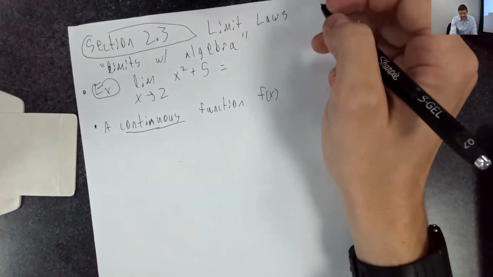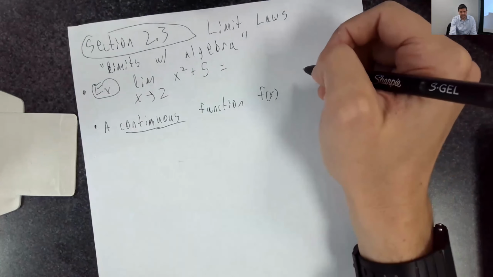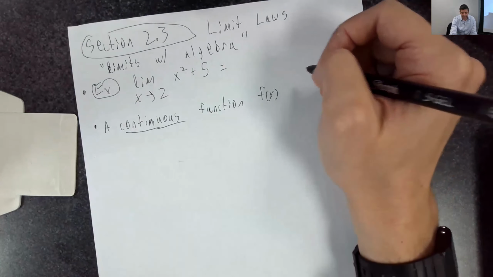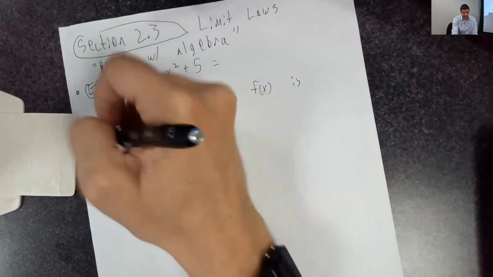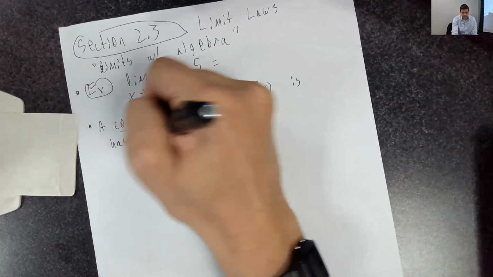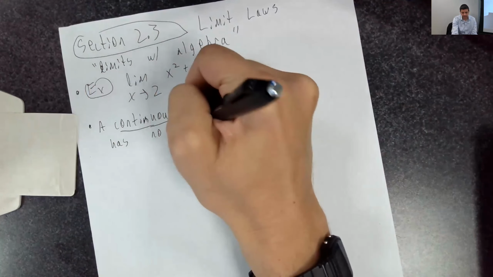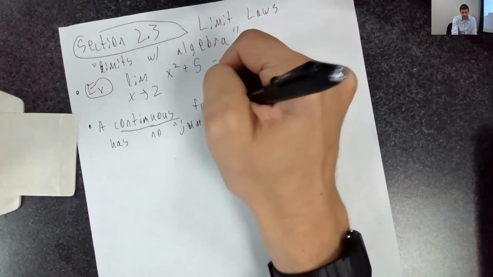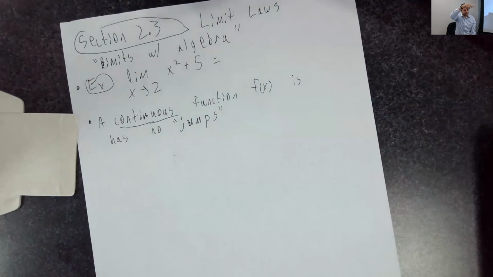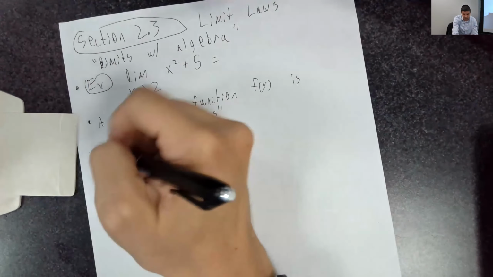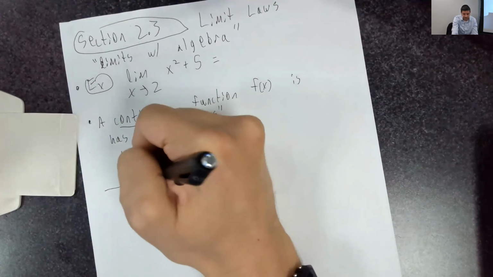So I'll just make it somewhat reasonable. The more reasonable definition of a continuous function is that it has no jumps. Meaning the curve just keeps going. It doesn't all of a sudden jump to a different function. It doesn't all of a sudden jump points. So what's a continuous function?